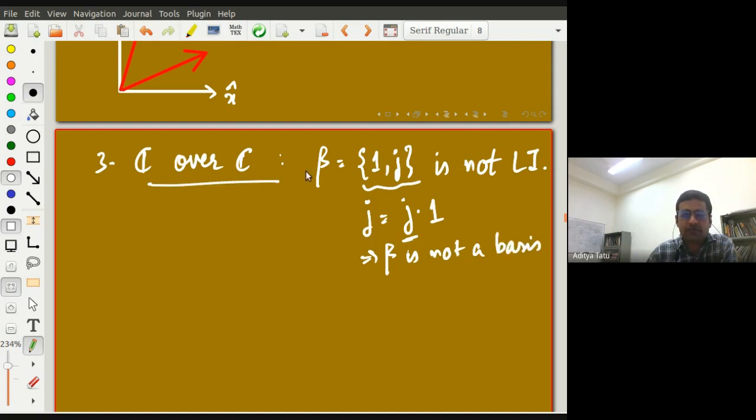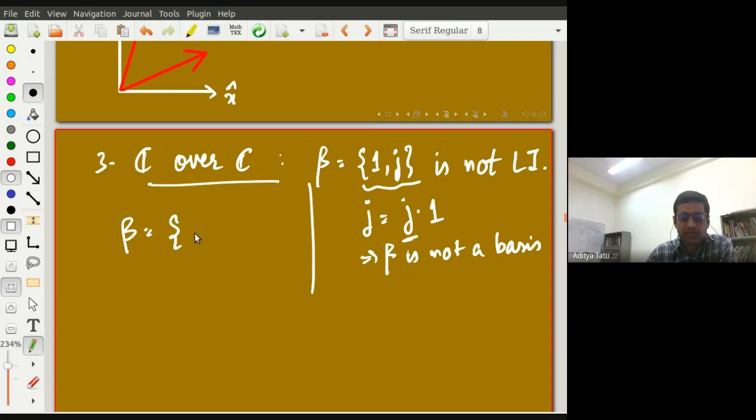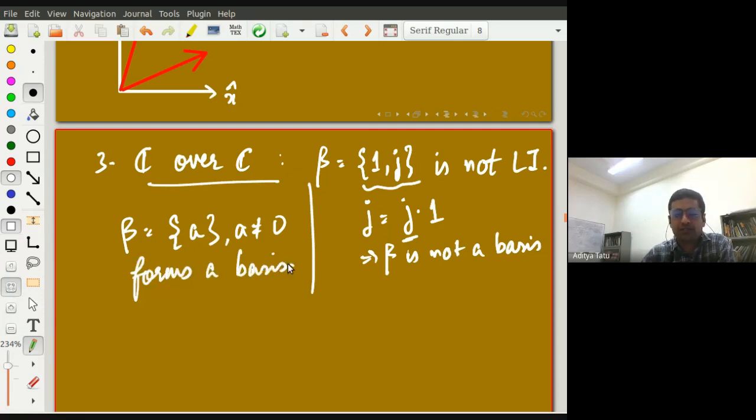Can you give me an example of a subset which is a basis? It can be any non-zero complex number. Any non-zero complex number forms a basis. The important thing to remember is that the scalars you can pick can be any complex number.